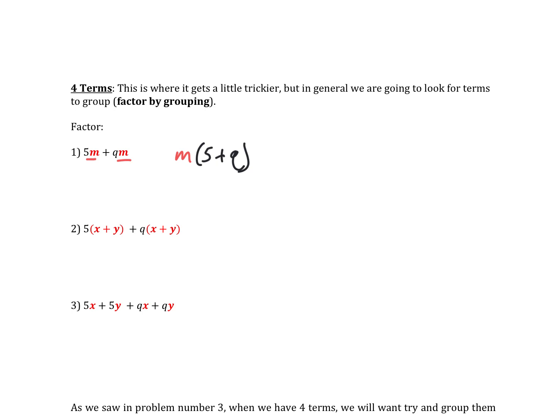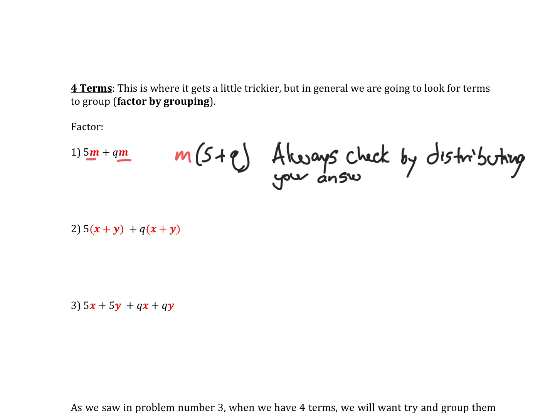And one way to check, you can always check by distributing your answer. So if you were to distribute that m back into the 5 plus q, would you get 5m plus qm? And you would in this case.